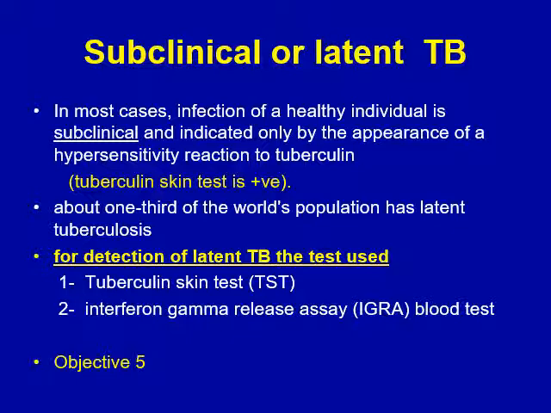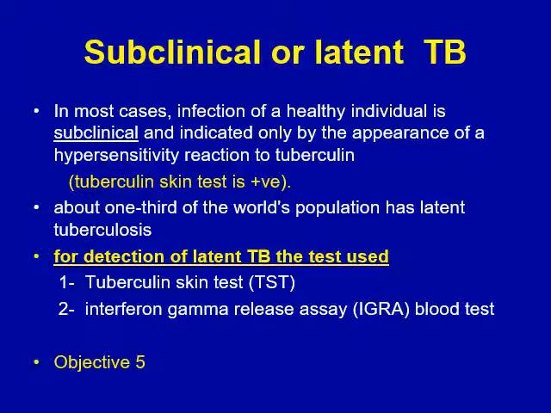In most cases, infection of a healthy individual is subclinical. When people are exposed to TB and become infected, 90% of them may develop dormant TB. Only 10% develop active disease.